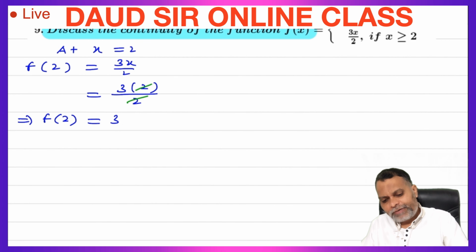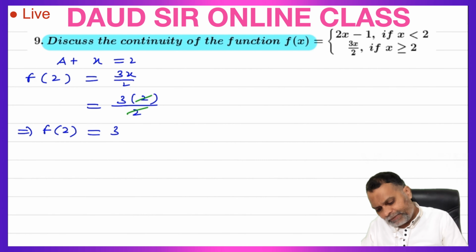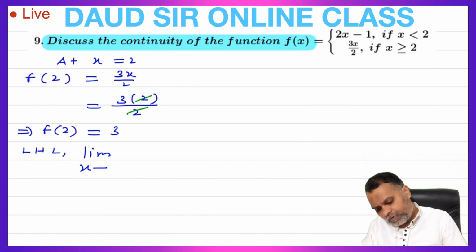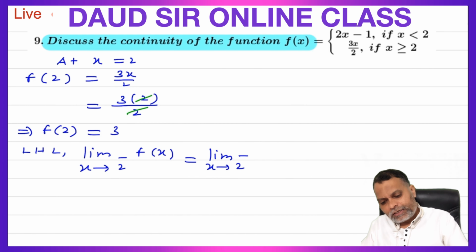Now the left hand limit, for x less than 2. Limit x tends to 2 minus f of x is equal to limit x tends to 2 minus, here x is less than 2, so take this function 2x minus 1.